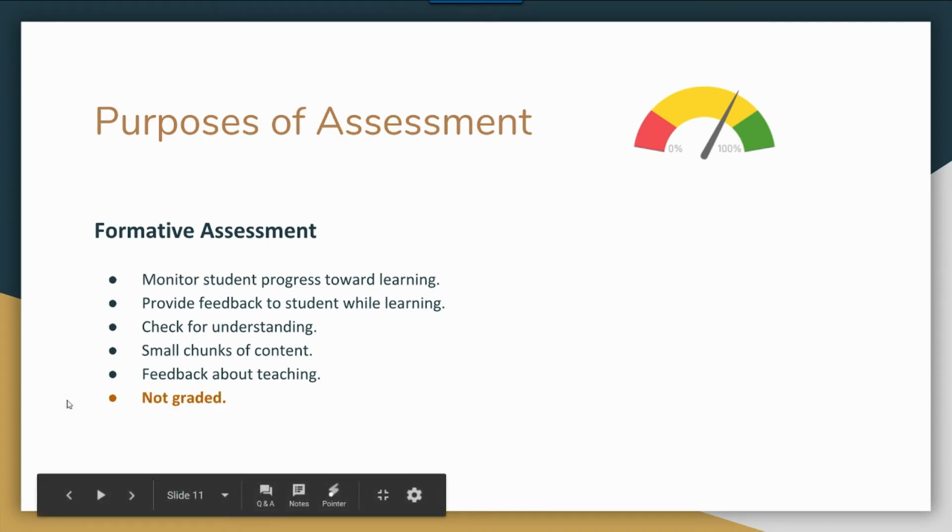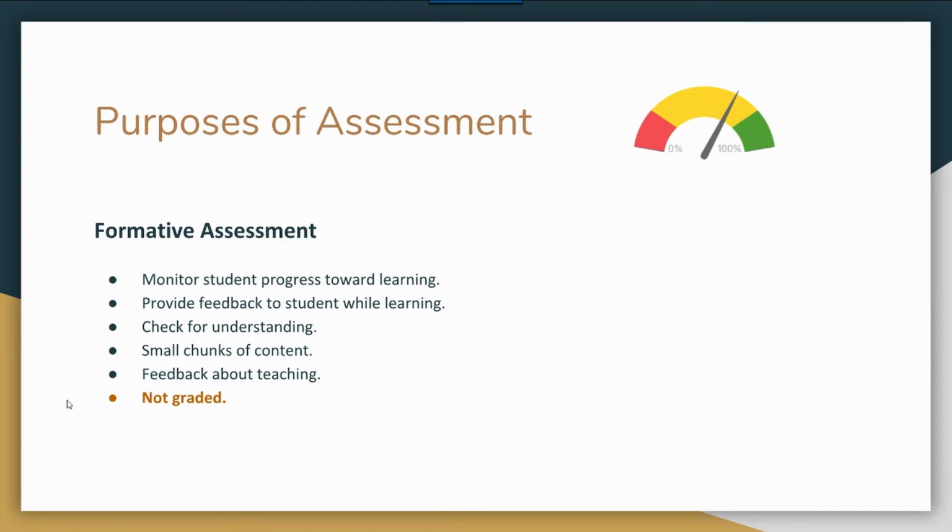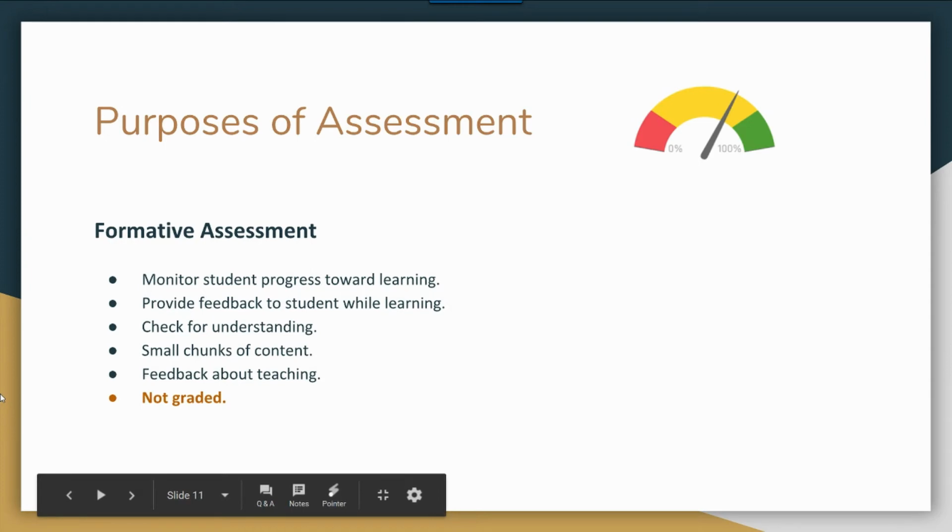Formative assessments are not graded. That would be very similar to spring training for all the baseball teams. And when they go into the season, they all have a grade that they take with them, and they start from there. We don't do that. We start over.